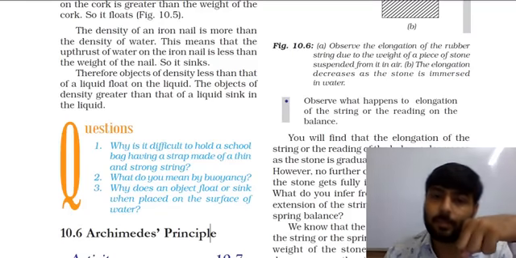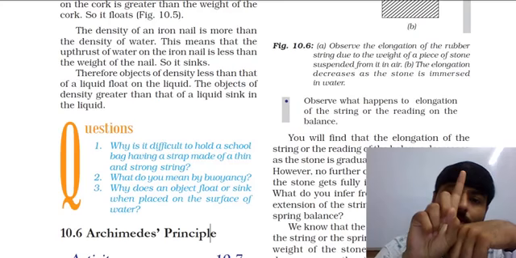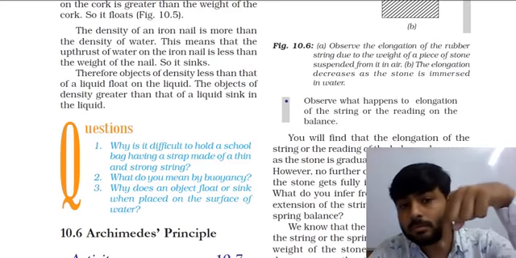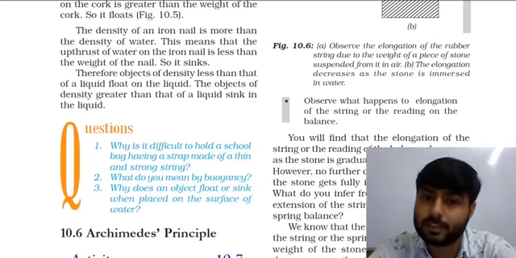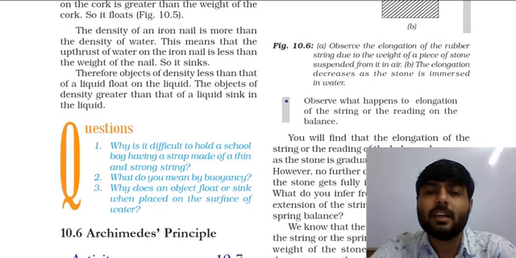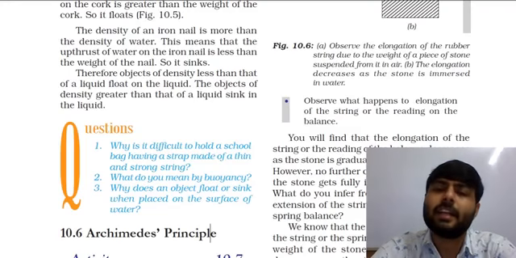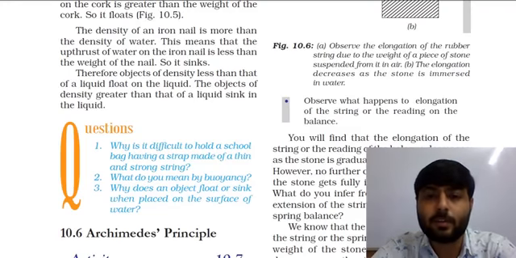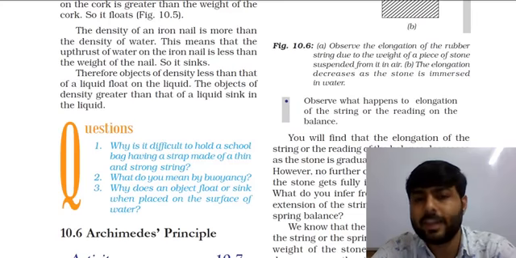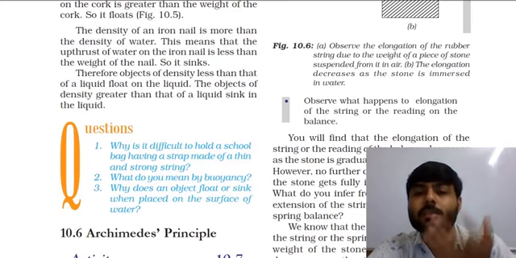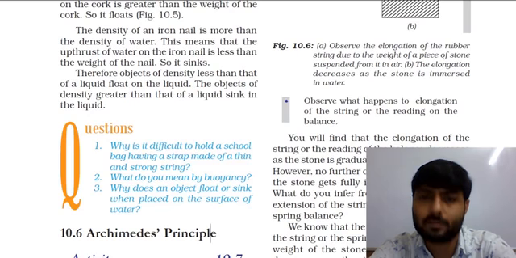So we will subtract the upthrust force from the weight of the object. That is the loss in weight of the stone. In this activity, we have seen that we feel a loss of weight. We feel the substance is lighter in water.